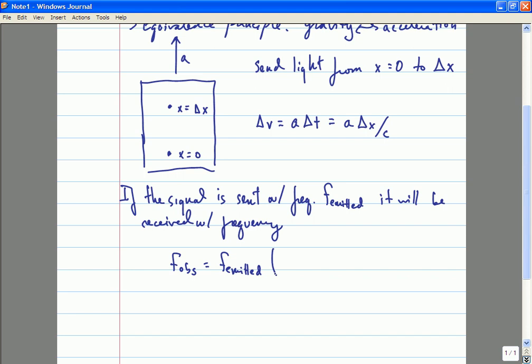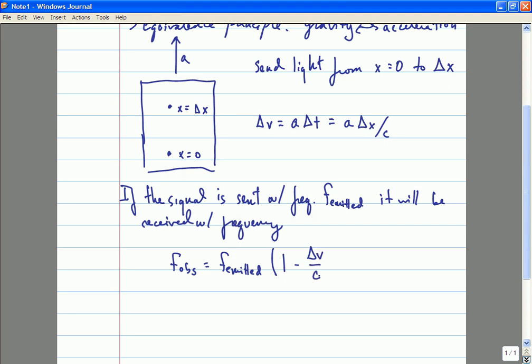which, if you remember your Doppler formula, which tells you how the frequency of the signal changes if there's some relative velocity between the source of the signal and the receiver, the observed frequency will be 1 minus delta v over c.